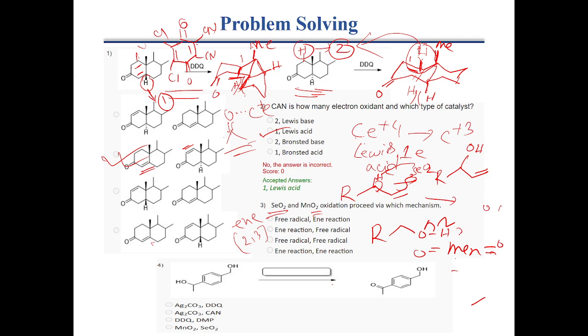So this hydride is abstracted and manganese is this. Now further breaking of this and abstracting a proton from the manganese will give you the aldehyde. This is the mechanism of manganese dioxide.